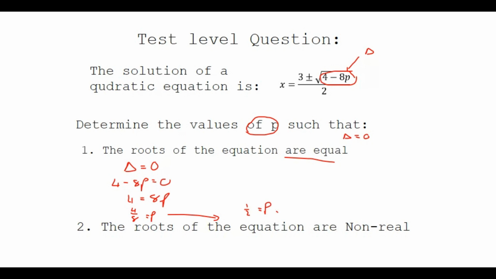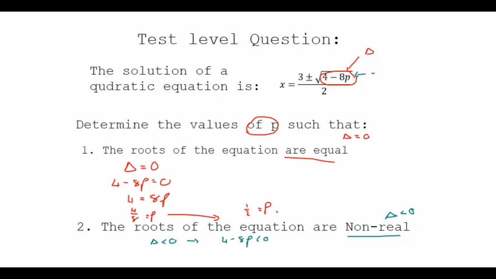Okay. Now the next one they said determine the values of p such that the equation is non-real. And using what space we have left there, let's try that. For non-real, that means delta has to be negative, right? Less than 0. Why? Because we can never have a negative under that square root. Alright, so that means if delta is less than 0, it has to be 4 minus 8p is less than 0.